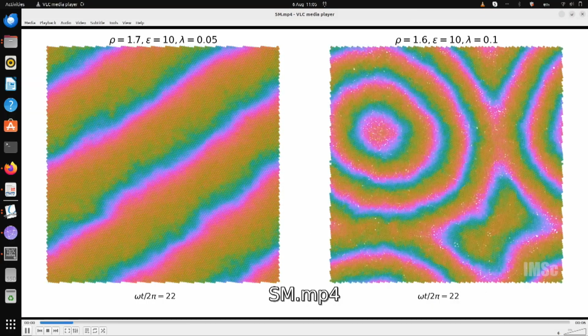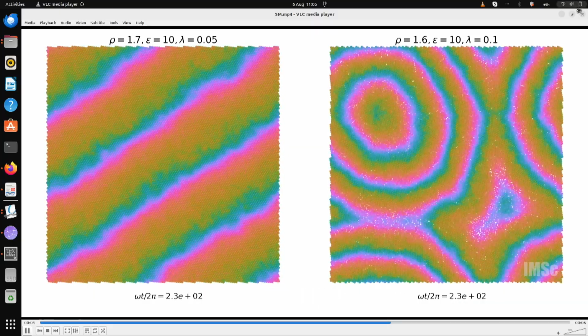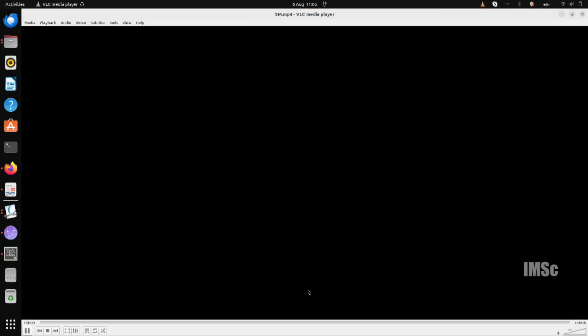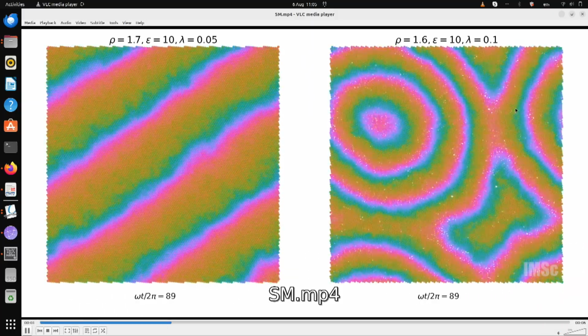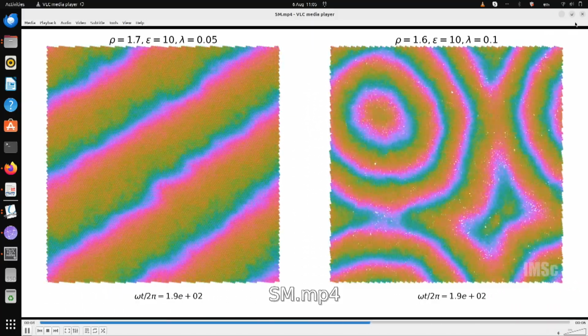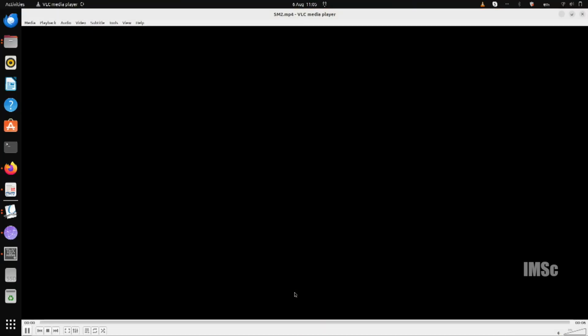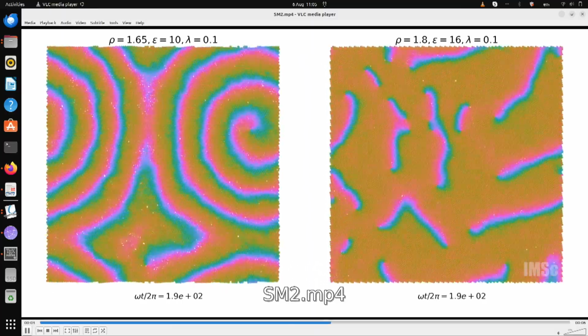So, you could have planar waves, you could have circular waves, or you can have these rotating spiral waves, and if you increase the density further, you have these defect turbulent waves.